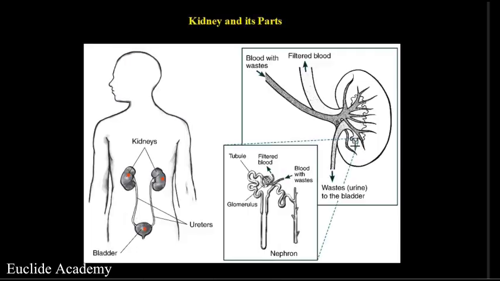We'll dig a bit deeper and see what they really do. I hope you have the general structure of the kidney. Blood comes into the kidney through the renal artery, then we have the filtering units, the nephrons here. Let us dig a little bit deeper and discuss this more.